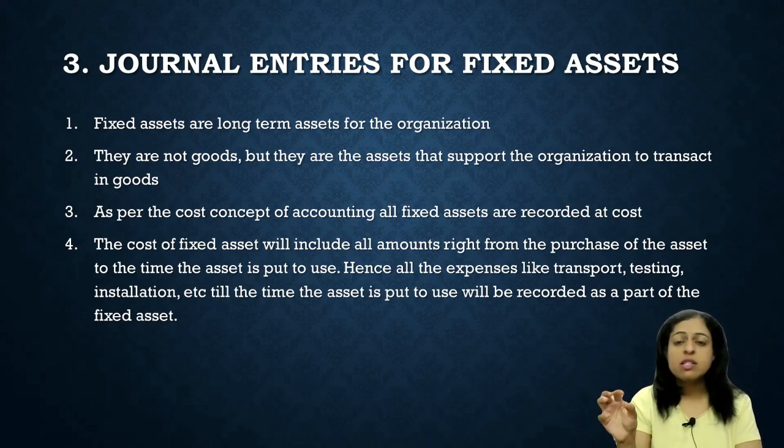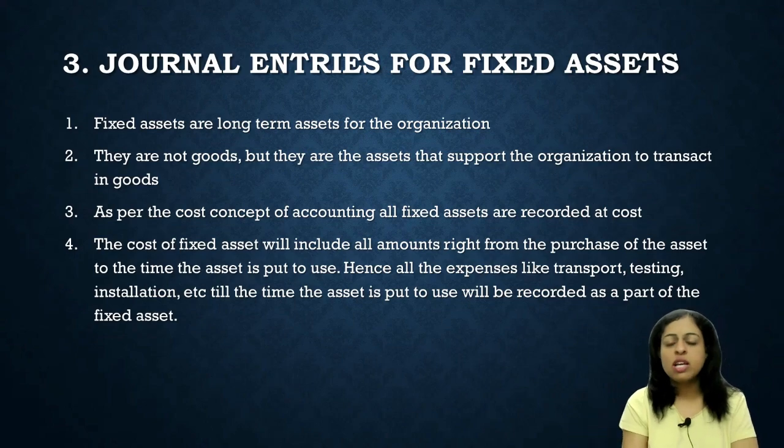Hence, all the expenses like transport, testing, installation, all whatever is required till the time of the asset being used in that particular business, will be added to the value of the asset. Fine. So remember this part, very essential. When we go to the examples, you will understand it more clearly.